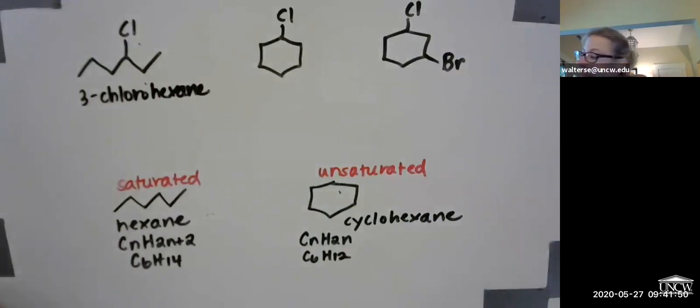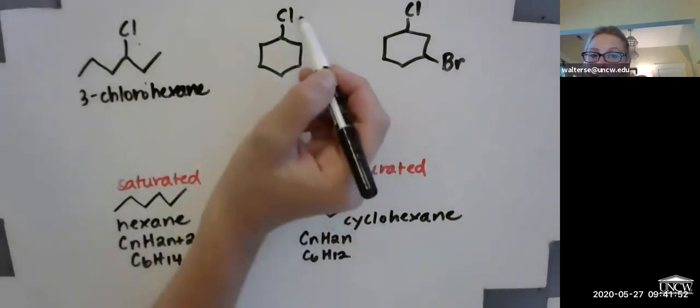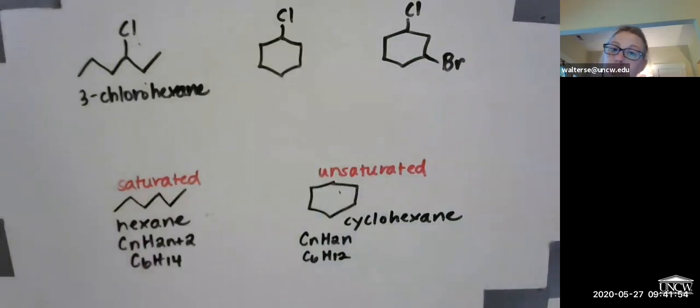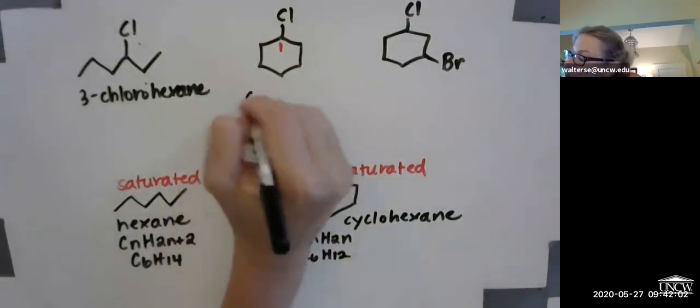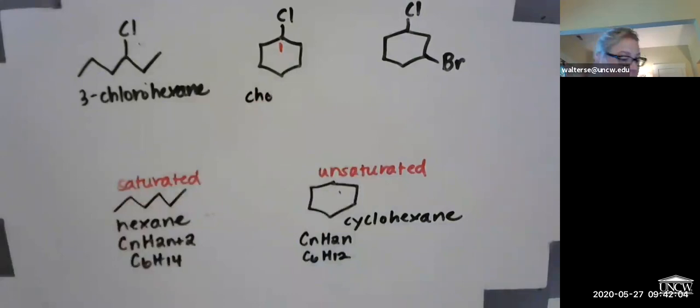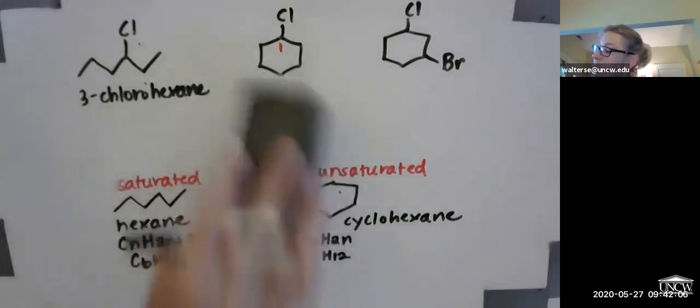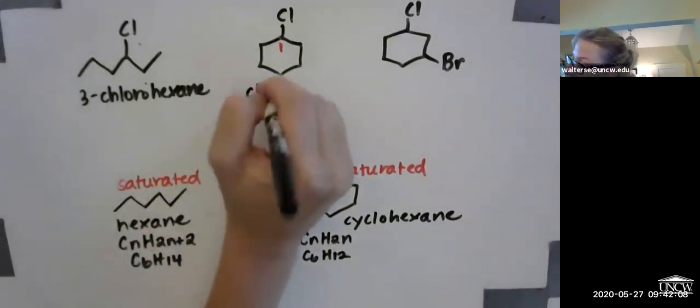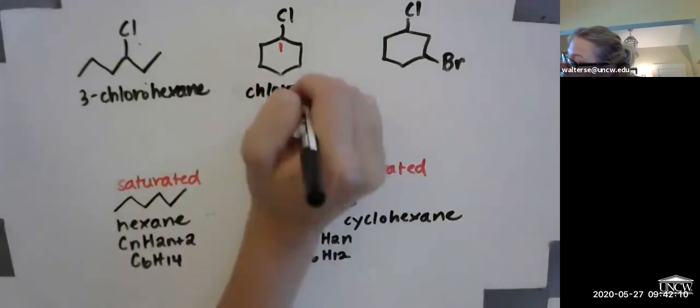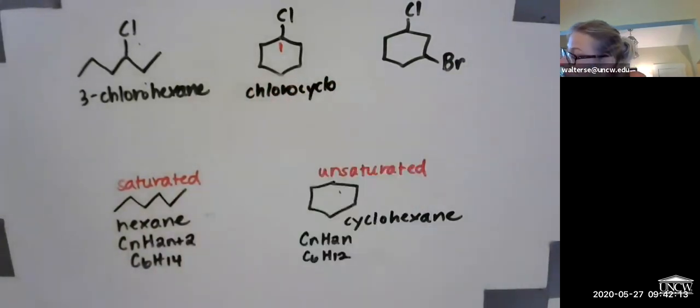If you have one substituent on a ring, you don't need a number. This is automatically carbon 1. So this one you would just call chlorocyclohexane.